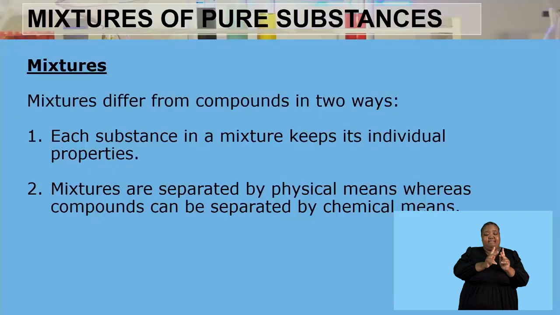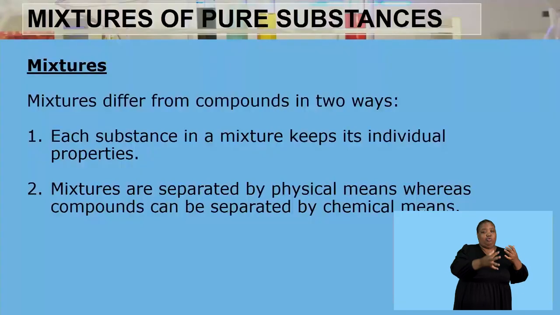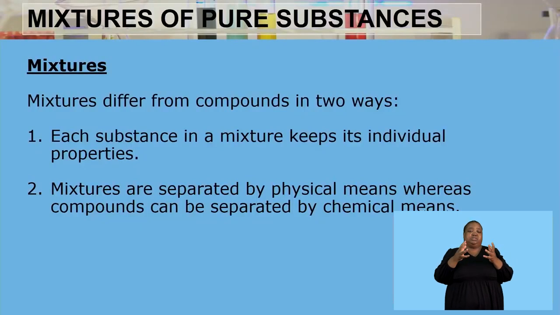We also have that mixtures are separated by physical means, whereas compounds can be separated by chemical means. We know that if you want to separate the salt and water, you can just simply boil that mixture, and then the water is going to escape. You're going to be left with the salt. So we have separated them by doing that. And then you also know that for us to be able to break the compound, we need to do some chemical reactions.